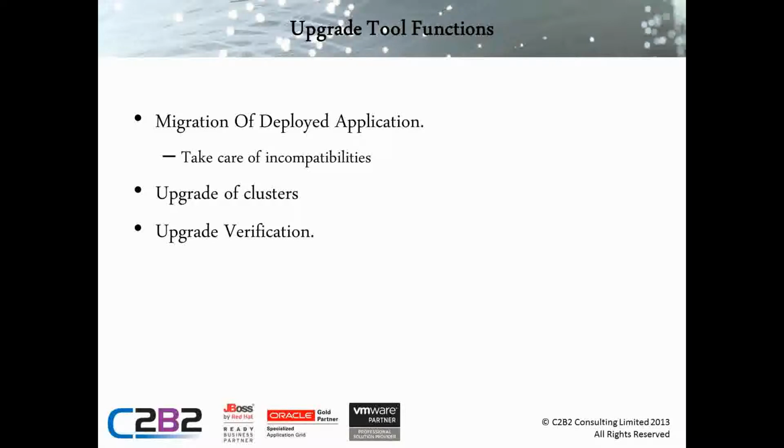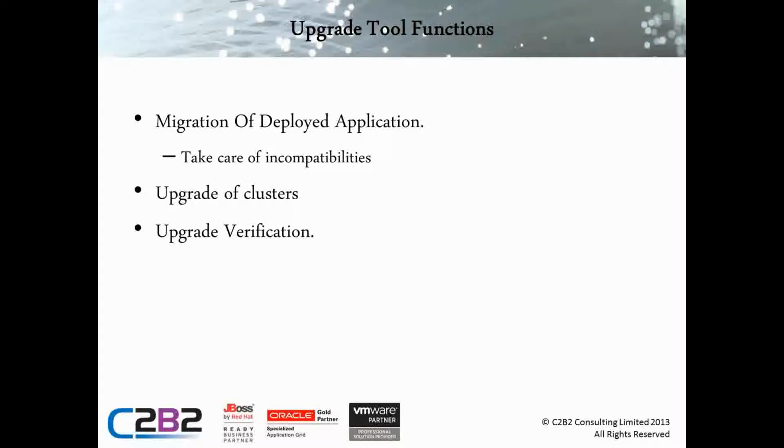Let's look at some of the functions of this upgrade tool. What it does is migration of deployed applications. It basically migrates your application archives, such as the EAR files, and the component archives, which are the JAR files or the WAR files. In most scenarios, the application archives and the component archives that are deployed in the source do not require any modification to run on the new version.